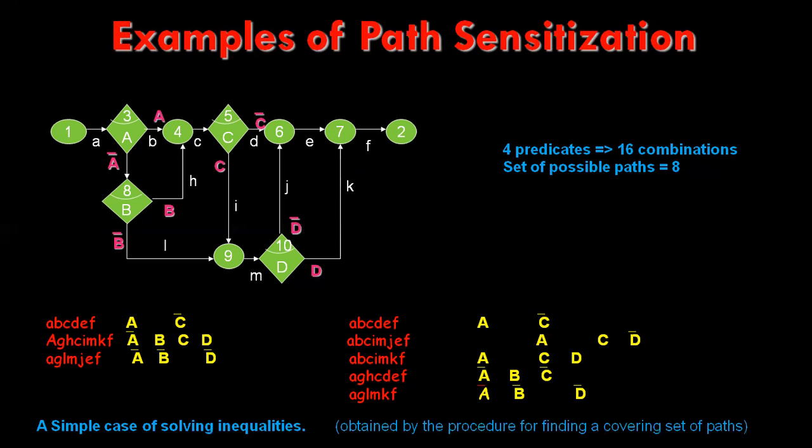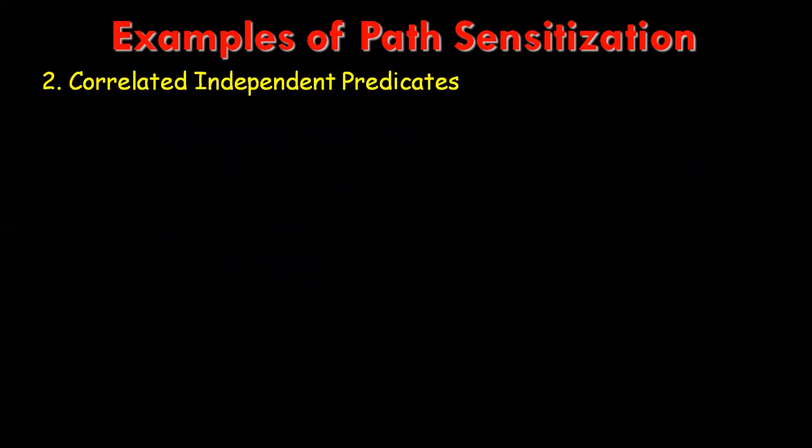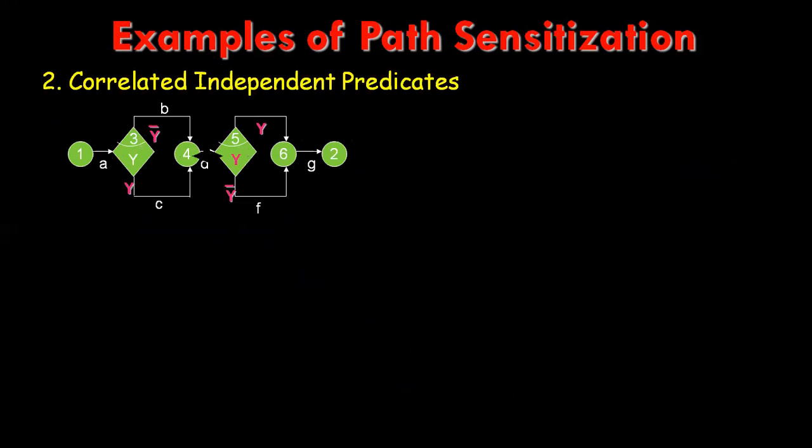Now let us see an example of correlated independent predicates. Here, the two decisions in this picture are correlated because they use identical predicates. Both are using the same identical predicates. Why?